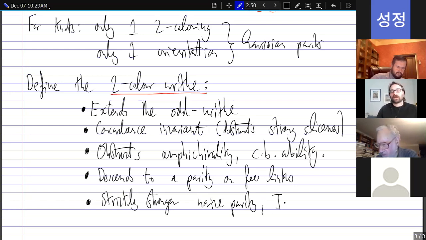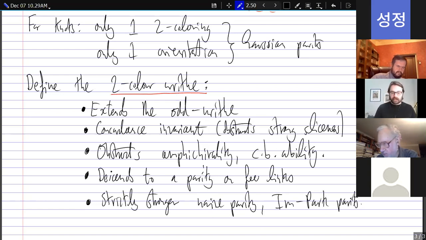But it's also strictly stronger than the Im-Park parity. So the invariants you pull out of the Im-Park parity and the naive parity, the two-color writhe is strictly stronger than them. And in fact, there are many examples of links undetected by these invariants that are detected by the two-color writhe, for example.